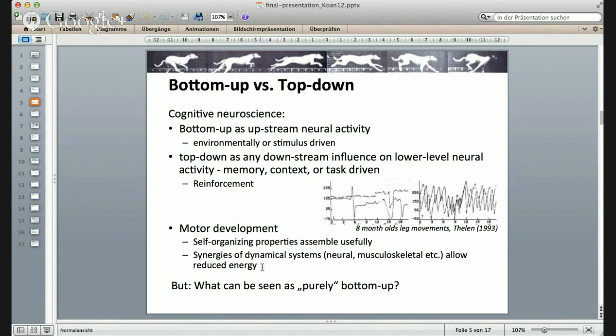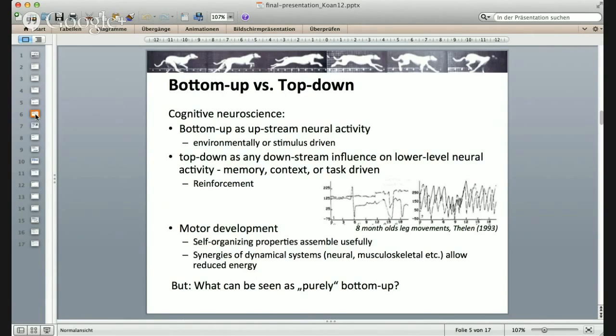And so here already it shows that it's a matter of definition. Is this usefulness, the reduced energy, although of course it's no higher cognitive process, but doing an algorithm for this, it's difficult to separate. Is this now top-down, or is it still the bottom-up stream? So what can be seen as purely bottom-up?